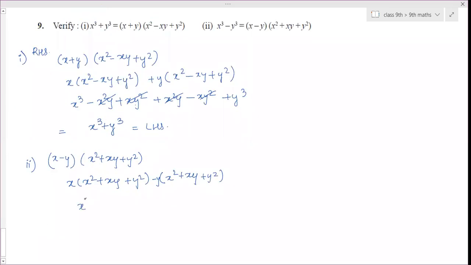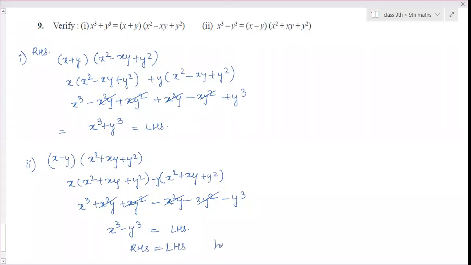So we will get x cube plus x square y plus xy square, minus x square y, minus xy square, minus y cube. So plus x square y minus x square y, these two get cancelled. Plus xy square minus xy square cancel, becomes 0. So what is the leftover term? x cube minus y cube. This is the LHS. So RHS is equal to LHS. Hence verified.